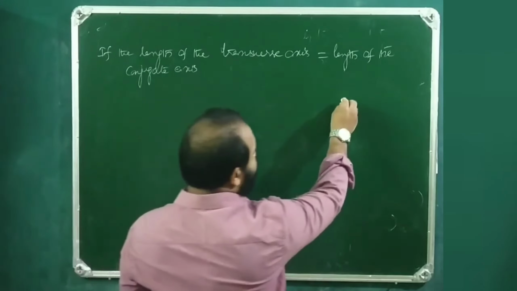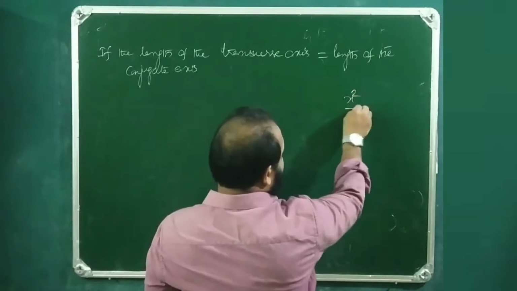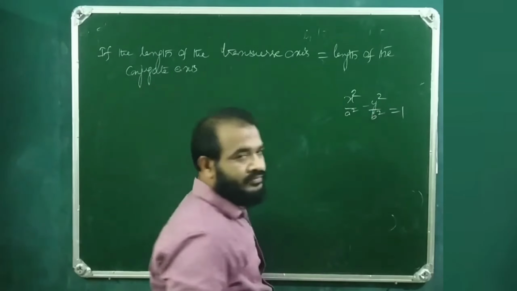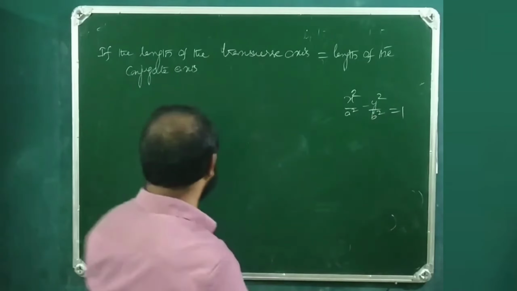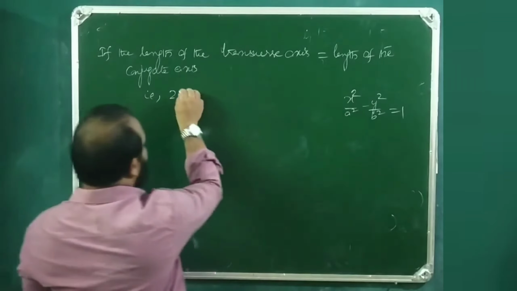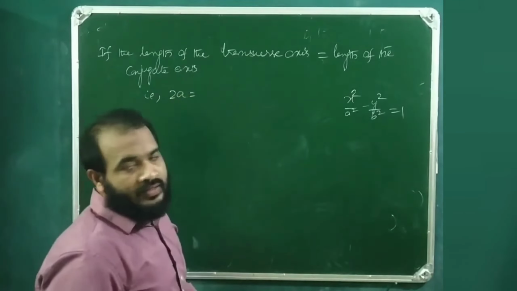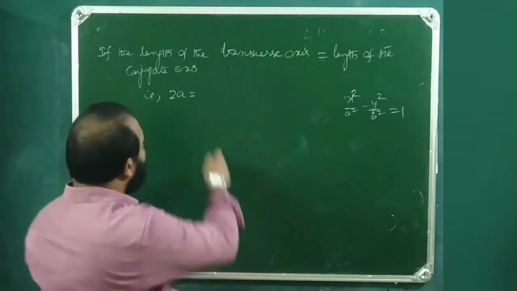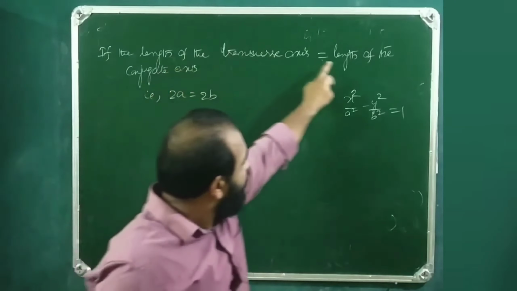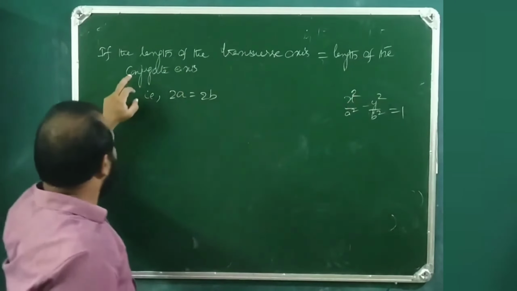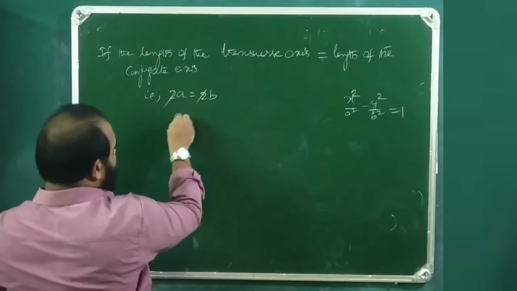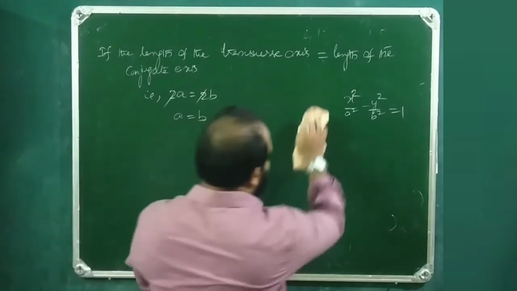For the hyperbola x square by a square minus y square by b square equals 1, the transverse axis is 2a and the length of the conjugate axis is 2b. So the length of the transverse axis equals the length of the conjugate axis, 2a equals 2b. In other words, a equals b.